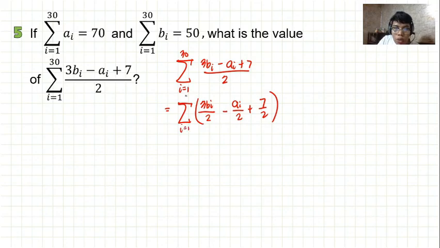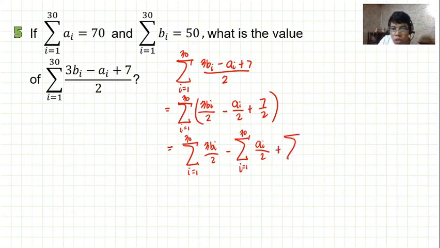I is from 1 to 30. Now, using property 3, I will now have summation of 3b sub I over 2, I is from 1 to 30, minus summation of a sub I over 2, I is from 1 to 30, plus summation of 7 over 2, I is from 1 to 30.